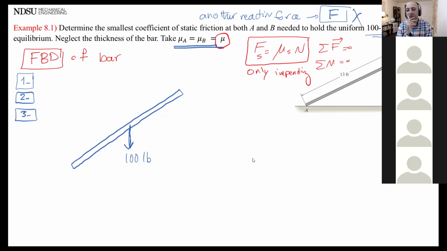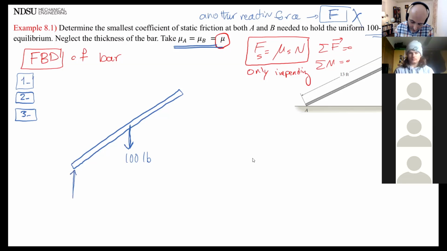Pretty much like a roller, or we know it as a smooth contact. So what is the reaction at a smooth contact? Just a normal force, perpendicular to the surface. What about point B? Again, if you didn't know anything about friction, what would be the reaction at point B?